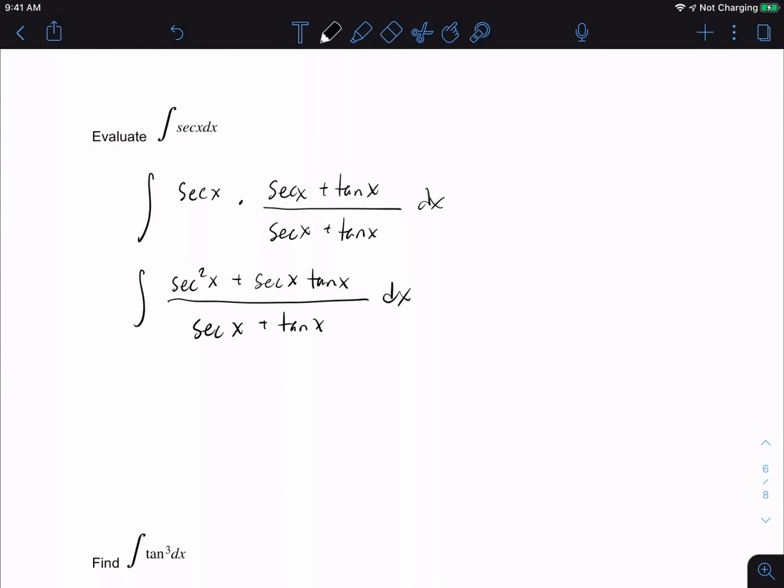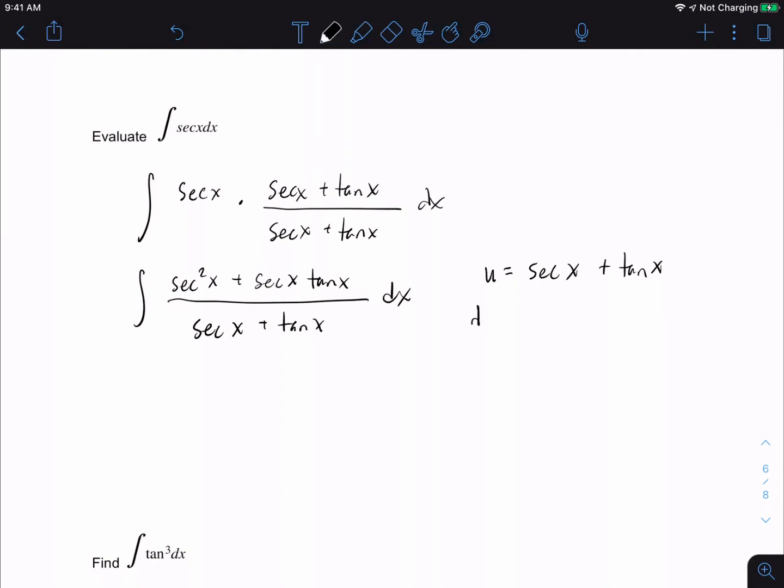Okay. And then I told you guys, when we have problems like this, if we're going to do a u substitution, we usually use the denominator when it's a quotient, right? Since we can't really break this up. So u is secant of x plus tangent of x.